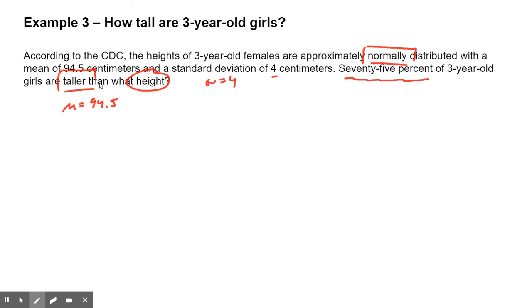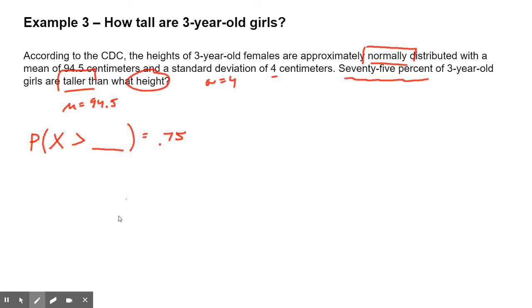This is kind of a tough problem to interpret, but here's what we are saying. We know that the probability that our girls' heights are taller than some value is going to be 0.75.